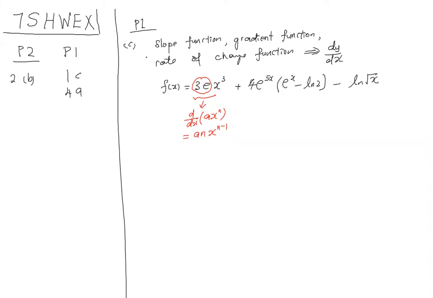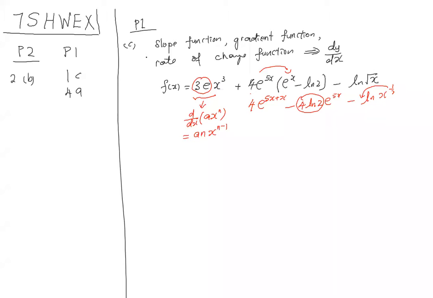Okay, this one you expand. Minus 4 ln 2 e to the power of 5x. So this is also a constant. And this one, you write as x to the power half, then you bring the 2 down.